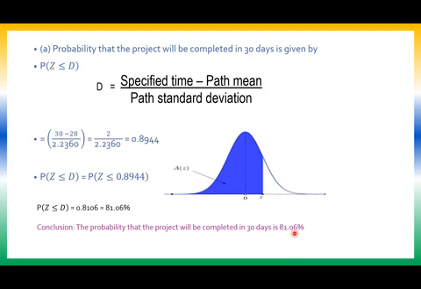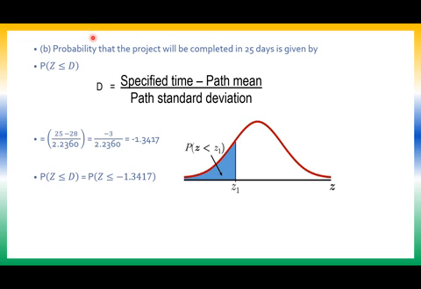Okay. Now the second sub problem, where they have asked us to find out the probability that the project is completed in 25 days. So P of Z less than equal to D. D is equal to specified time minus path mean divided by path standard deviation. Specified time is 25 days.